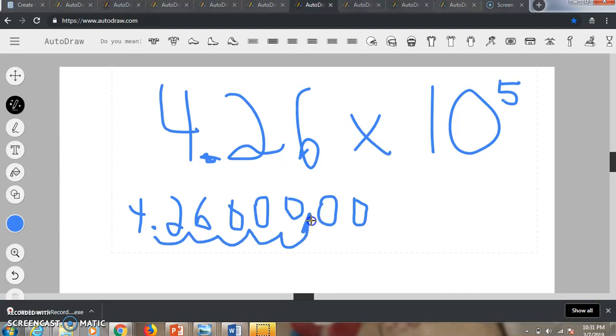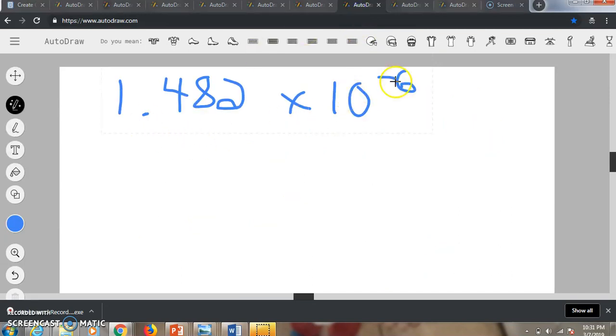So your new decimal would be here. So you rewrite the number 4, 2, 6, and then 3 zeros. 1, 2, 3. This would be the number in standard form.